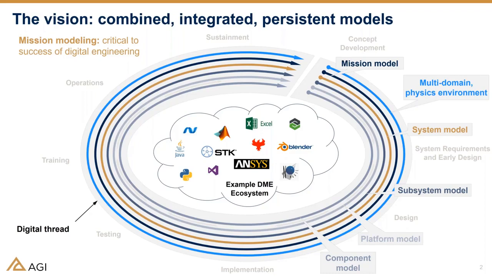So in order to achieve this vision, it really requires an ecosystem of commercial tools that all integrate together from the beginning. In the middle over here, we highlight STK, and as we'll go through in this lesson today, we'll also be using Python tools that can integrate together and allow you to develop custom tools to look at each different phase and life cycle of your mission.